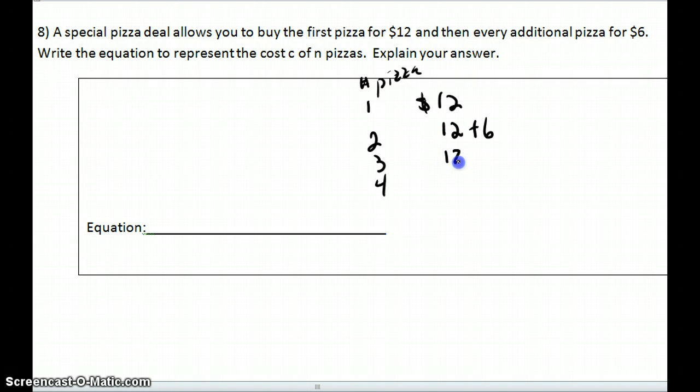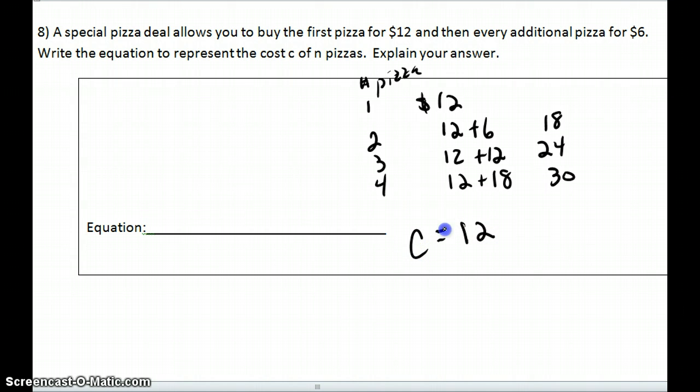Three pizzas, we have $12 for the first pizza, 6 for each after that, so we end up with 24. And 4 pizzas, 12 plus 18 gives us 30.